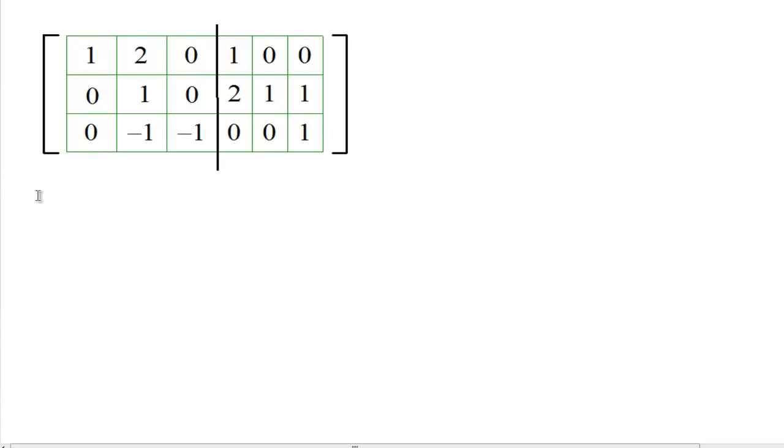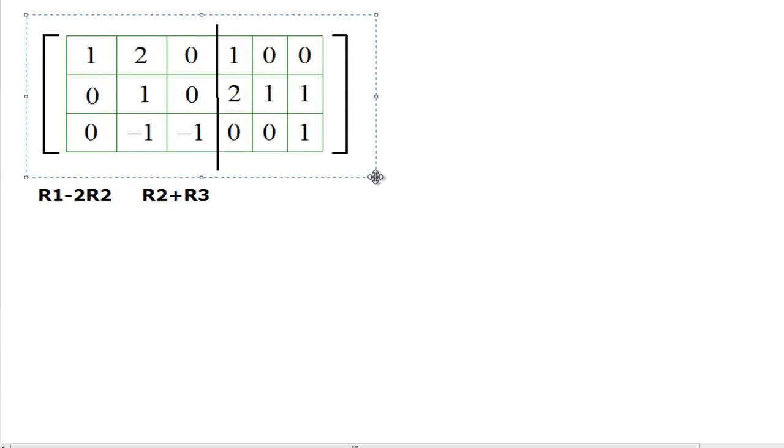Okay, so we will do these two simultaneously. That is, we would subtract 2 times row number 2 from row number 1, and we shall add row number 2 to row number 3. Okay, so let's go in that direction.